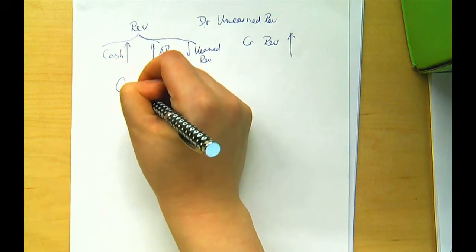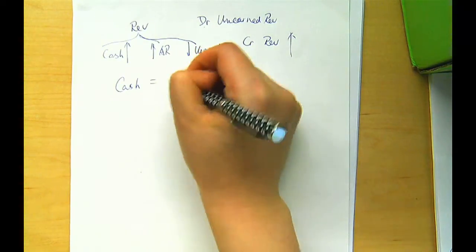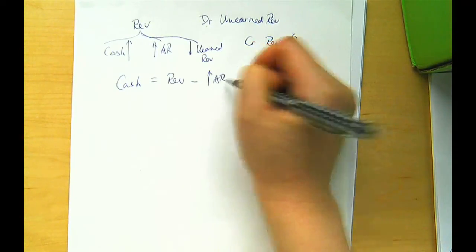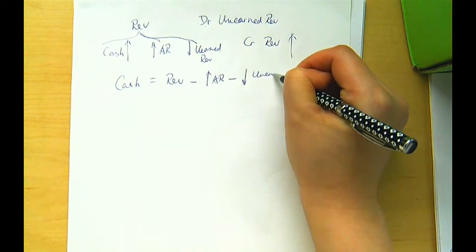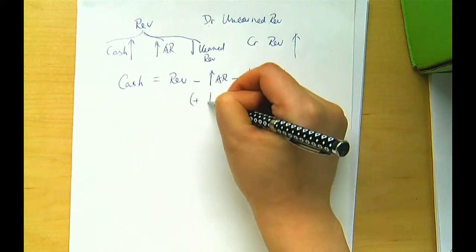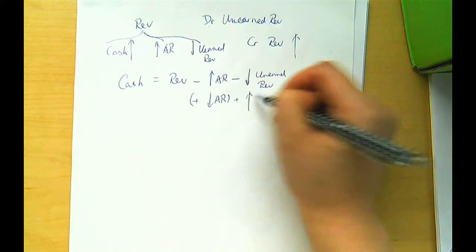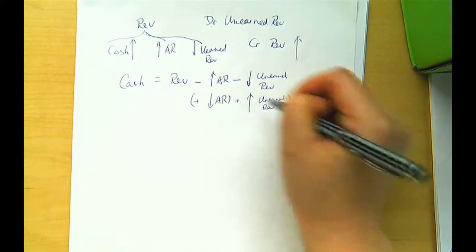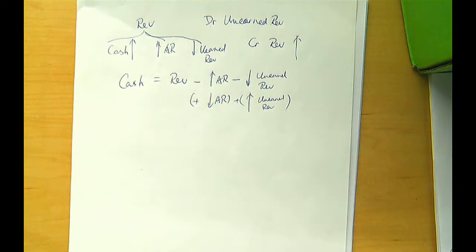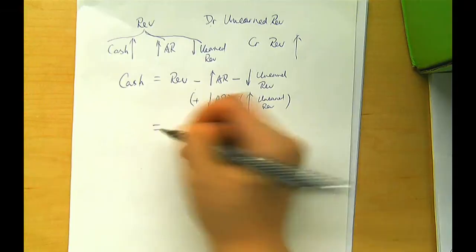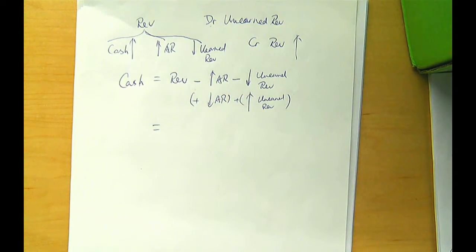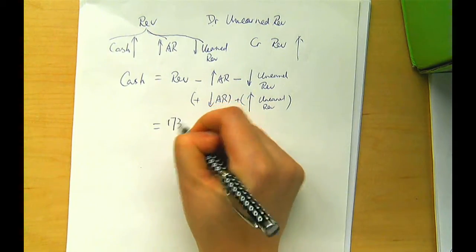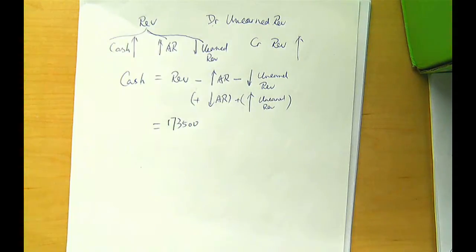So cash received from customers should be equal to revenue minus the increase in accounts receivable plus the decrease in unearned revenue, or plus the decrease in accounts receivable plus the increase in unearned revenue, right? So linked to our case, do we have an increase or decrease in accounts receivable? First, we substitute revenue into this equation. This is our revenue, right? Then we look at the changes in accounts receivable. Do we have an increase? Yes, we do, right?